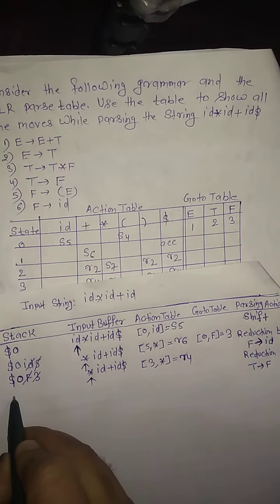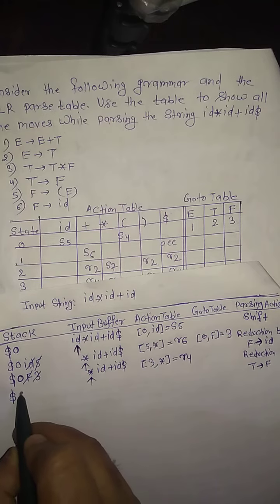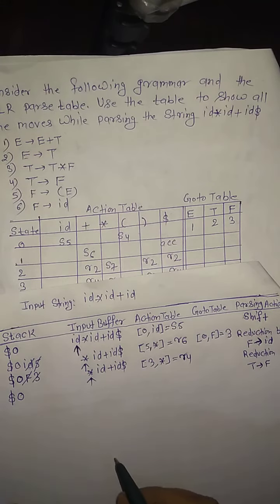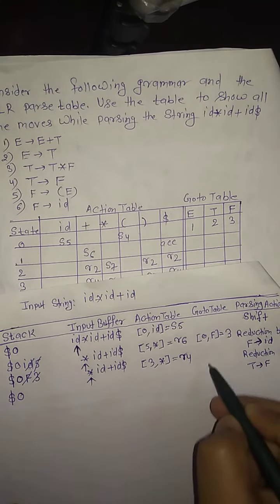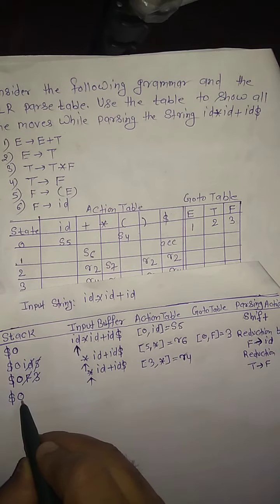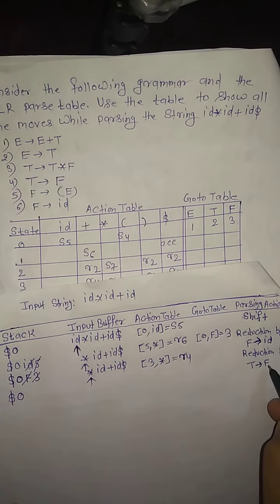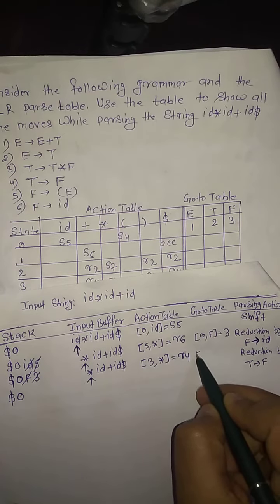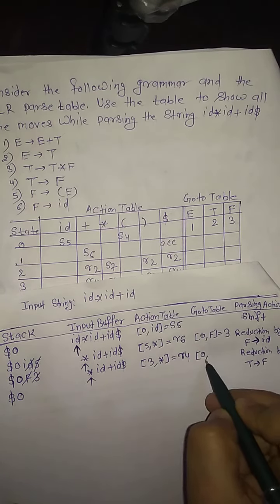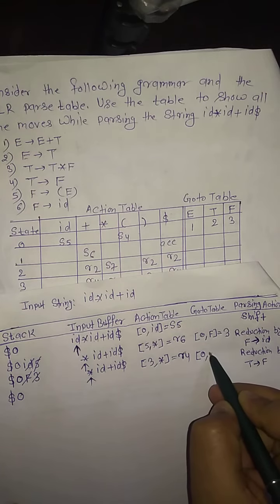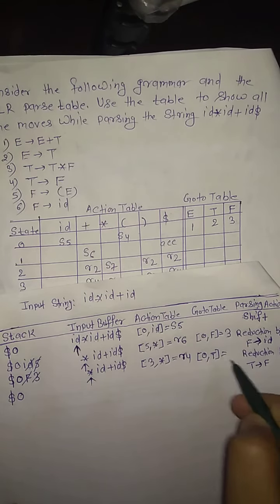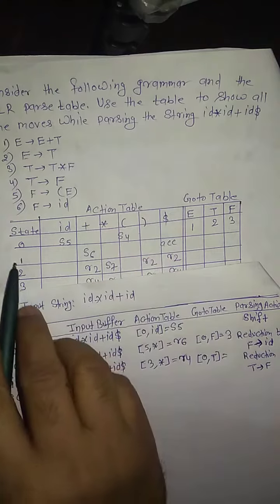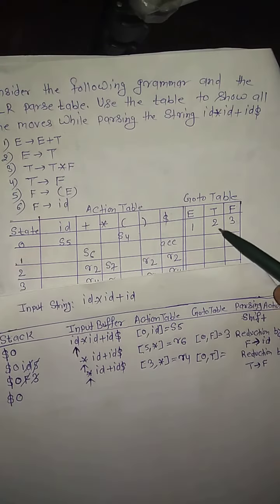Now we have 0 on the top of the stack, and the next step is, the top of the stack is 0, and the head symbol is capital T. So write in the go to table 0 comma T, and after that you go to the parsing table, 0th row and T column.